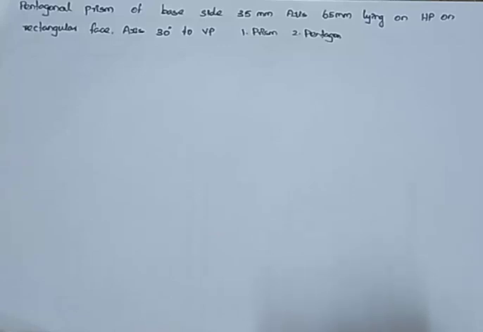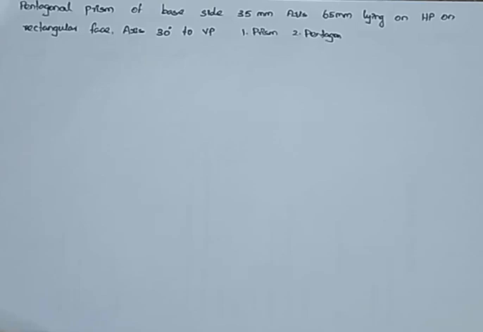If the axis makes 30 degree to VP, then a rectangular face will also make 30 degree with VP, and the longer edge will also make 30 degree to VP. So once the axis makes 30 degree to VP, that is axis is perpendicular to VP, then where will you get the true shape? So as shown in the video, you will get the true shape only in the front view. So above the XY line, you have to draw the front view.